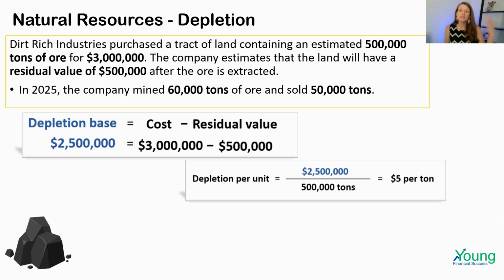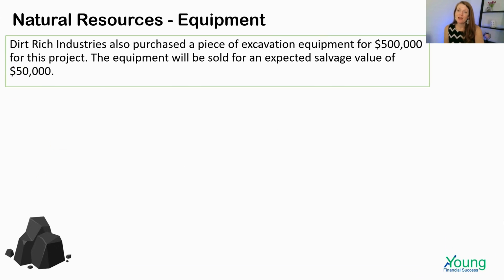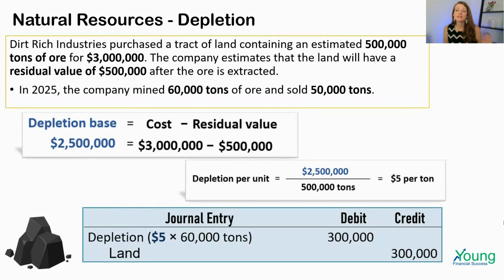So then at the end of each year, they take $5 per ton times the number of tons that they were able to extract, and that's how much they are going to debit depletion for. So we take the $5 per ton and multiply it times the 60,000 tons, because 60,000 is how much they actually mined.